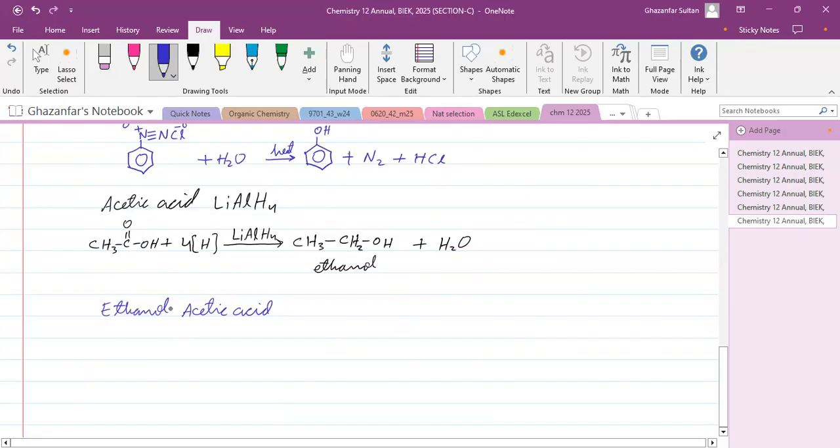So what happened? First we will draw ethanol. Even you can draw acetic acid first, no problem. So this is ethanol and this is acetic acid.